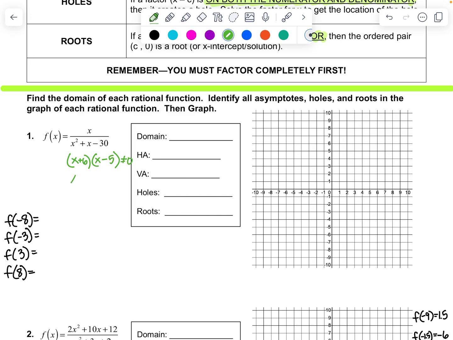When I set each one of those not equal to 0, I should get a negative 6 and a positive 5. So those are my domain restrictions. If I think about the factored form of my function, I see that the only factors, x plus 6 and x minus 5, are only in the denominator.